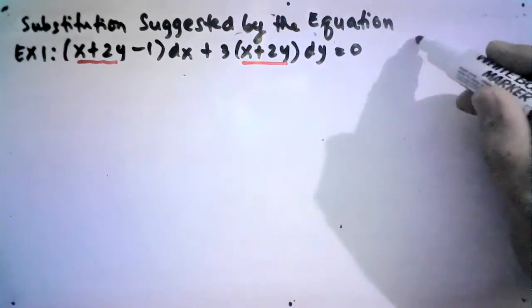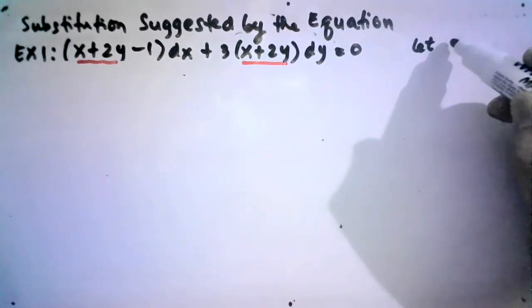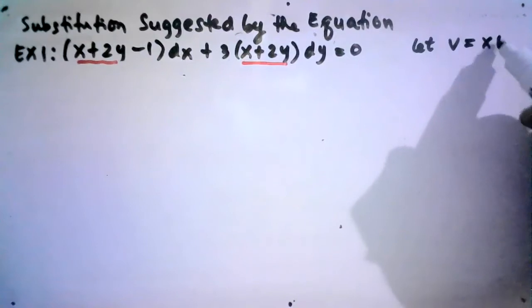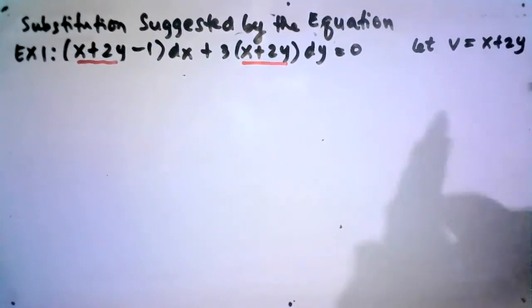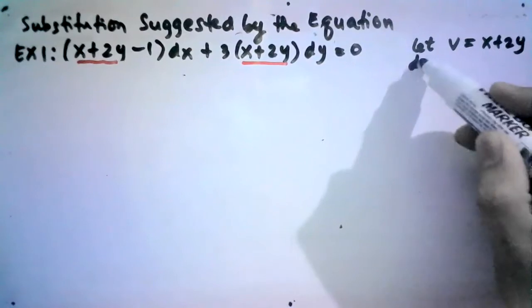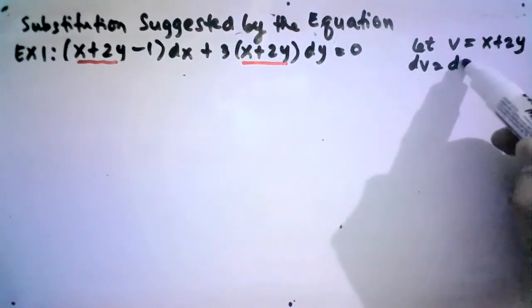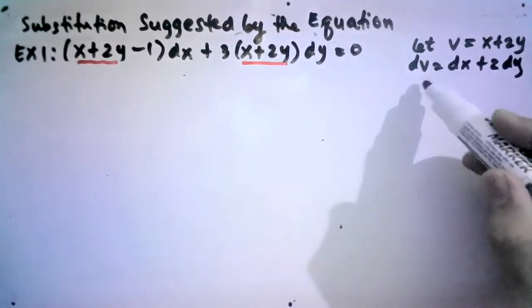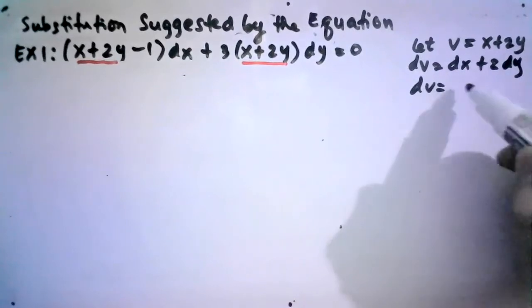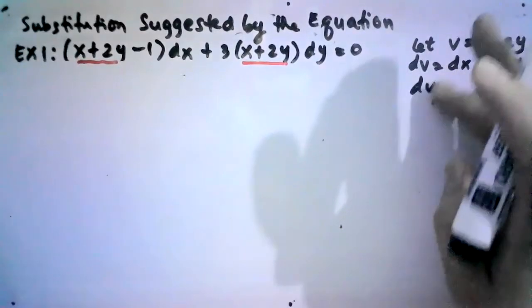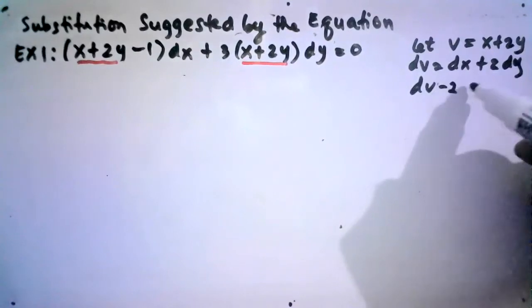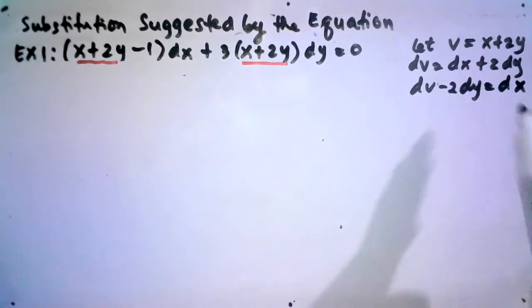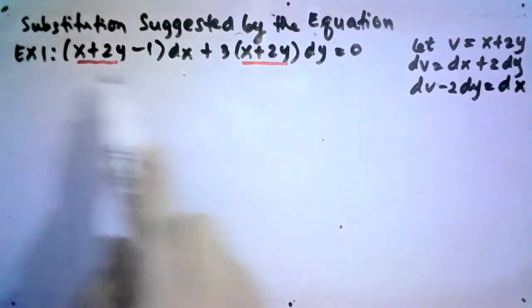Let v equal these common terms, x plus 2y, so that the derivative of dv is equivalent to dx plus 2 dy. Then dv minus 2 dy is equivalent to dx.